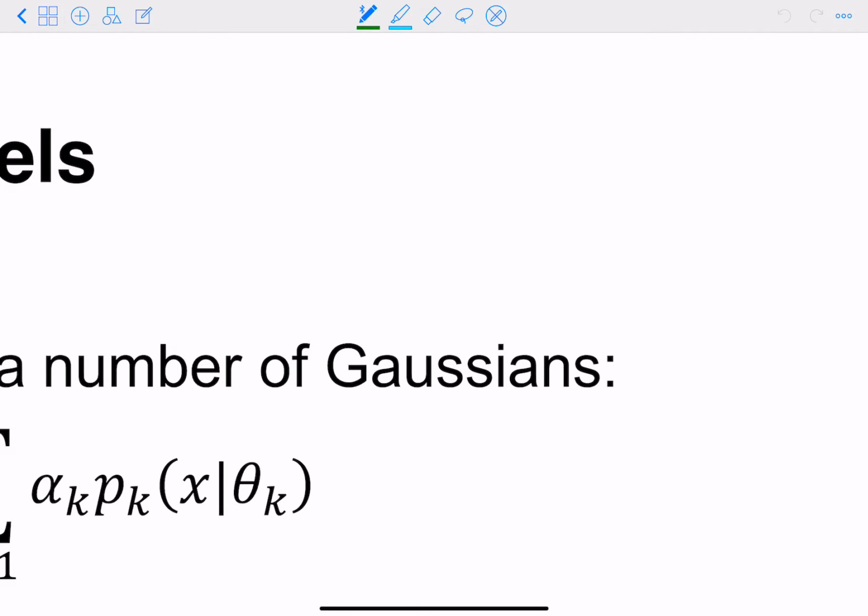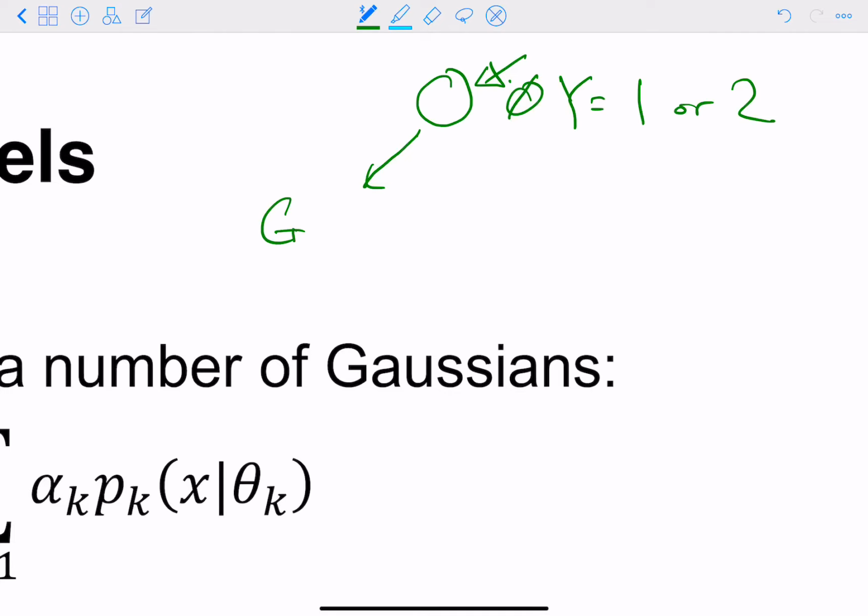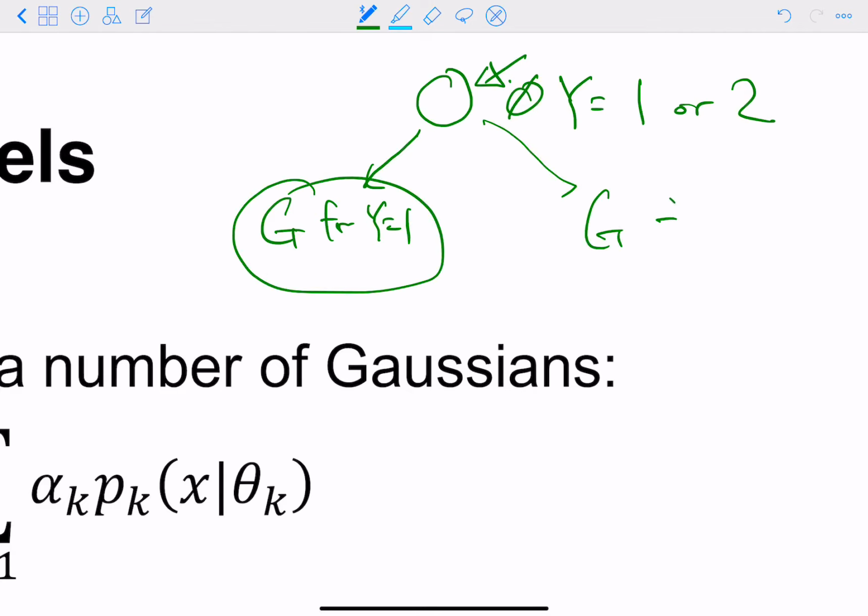So this is our generation process of our data. We have some class prior. If we have two classes, then suppose this variable is either 1 or 2, and then we have a Gaussian distribution for the first one, and a Gaussian distribution for the second one.